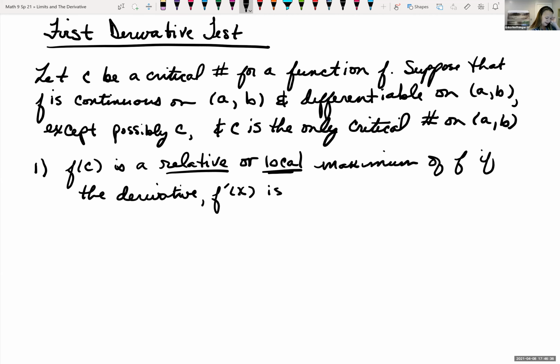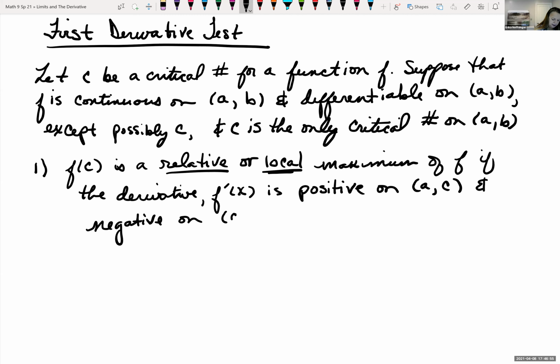Okay, that makes sense. Here's our A value.